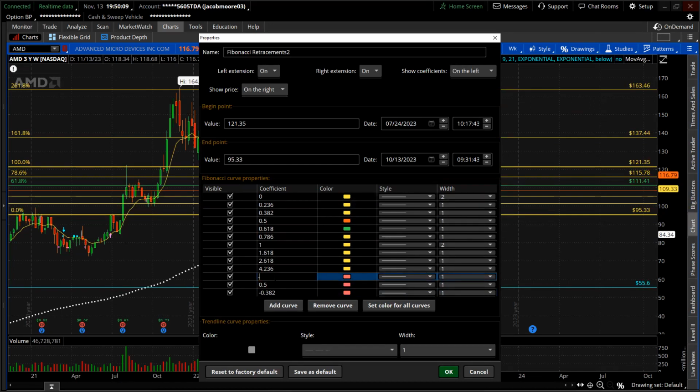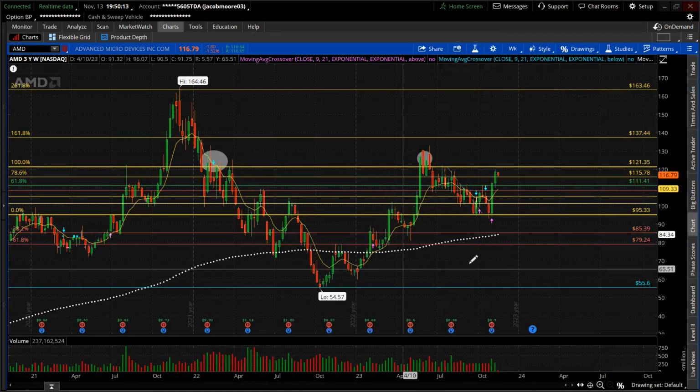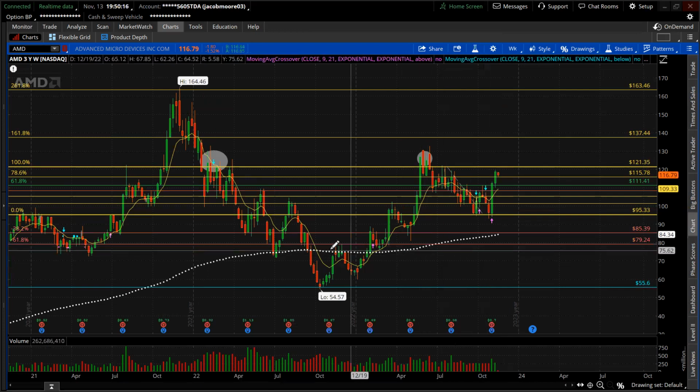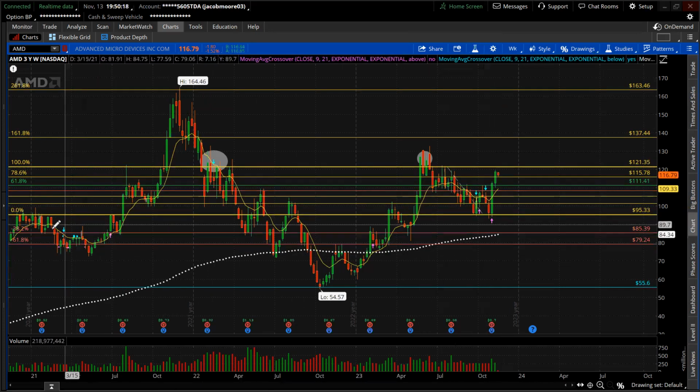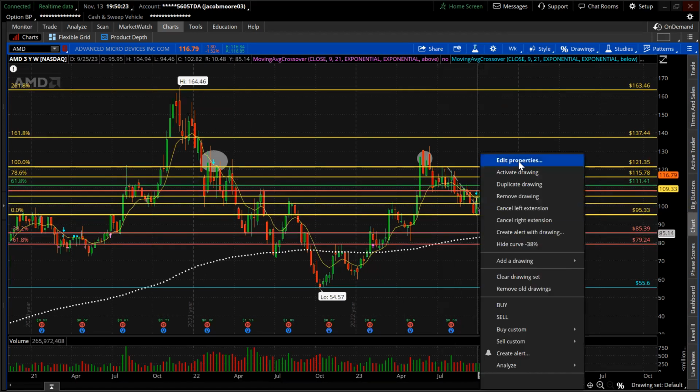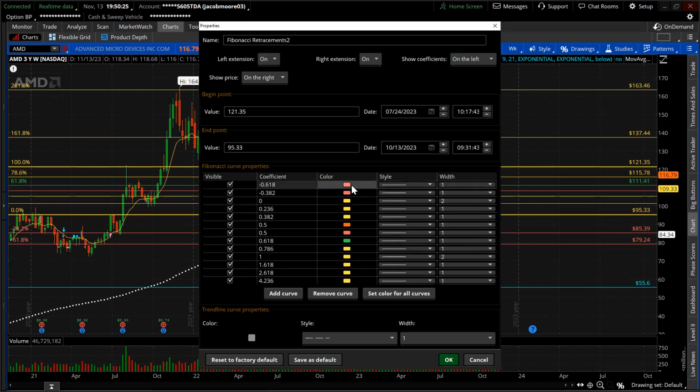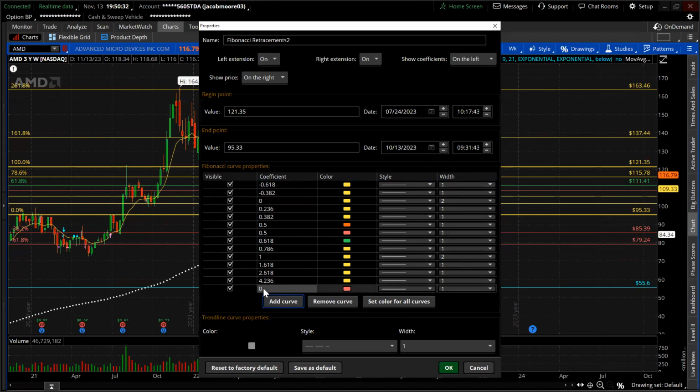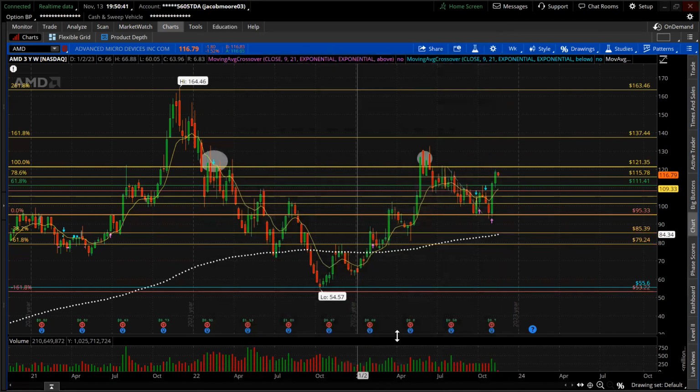And then the negative golden ratio. So if we do start to sell off, you can see right here, these are some levels. You all see how I'm able to do that? And that way I won't really necessarily have to add them again.